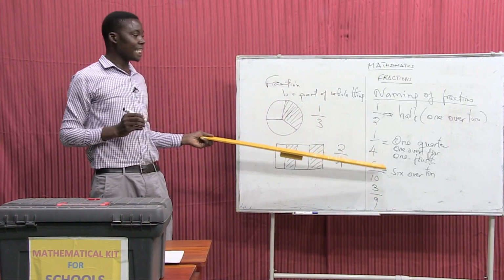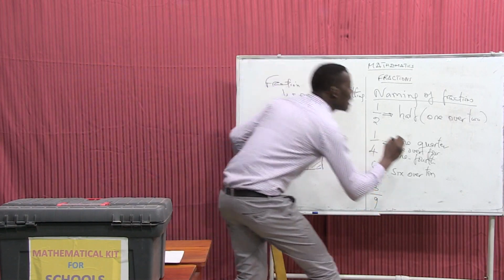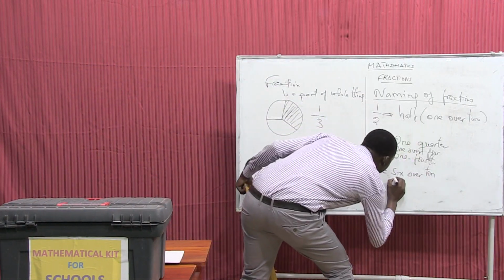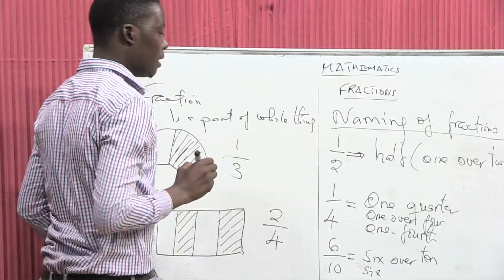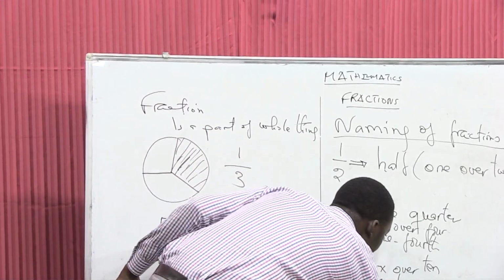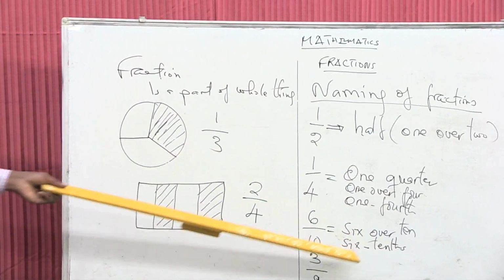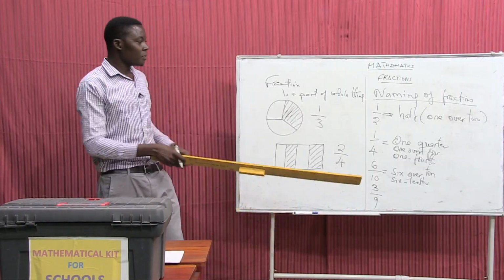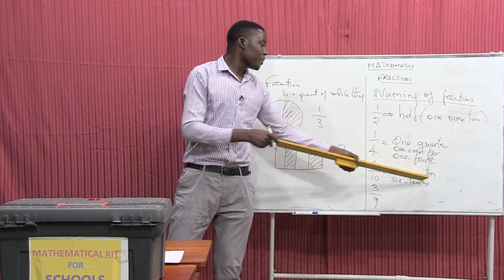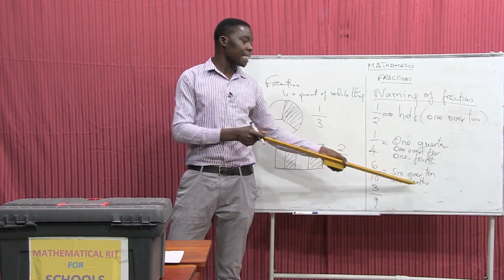But mathematically, the genuine one is 6 tenths. Instead of saying 6 over 10, you can also say 6 tenths.